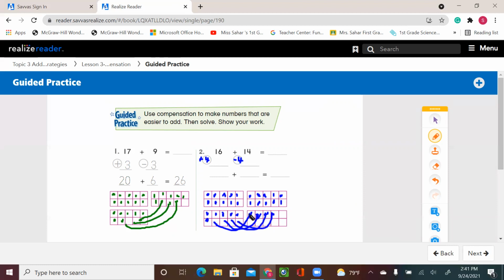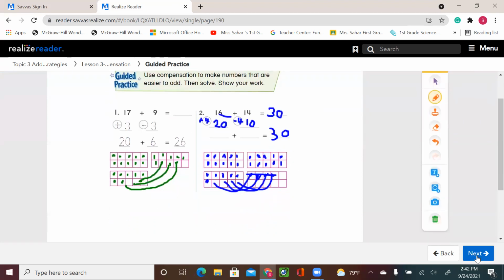So now I have nothing here and I have 20 here. So that would be 20. And here I have only 10. So what am I having? 20 plus 10. So 20 plus 10 equals 30. That means 16 plus 14 equals 30.